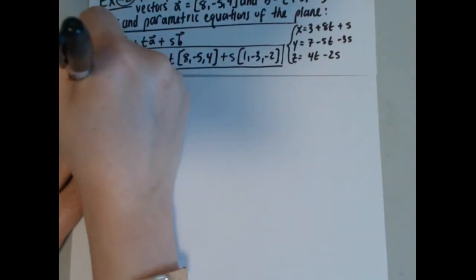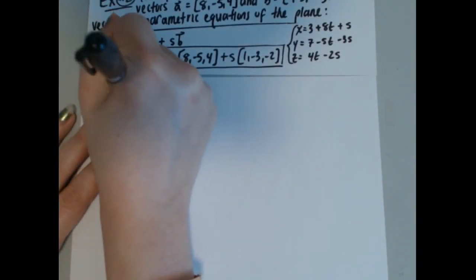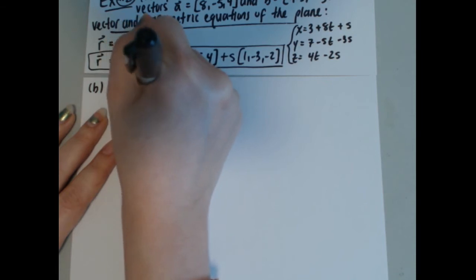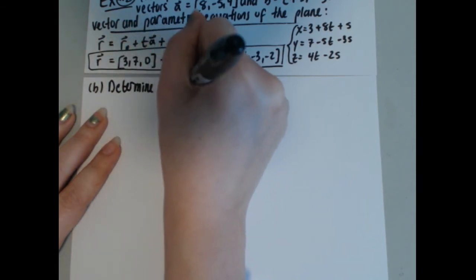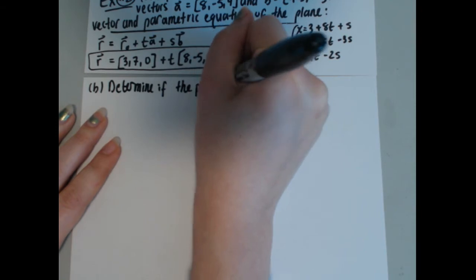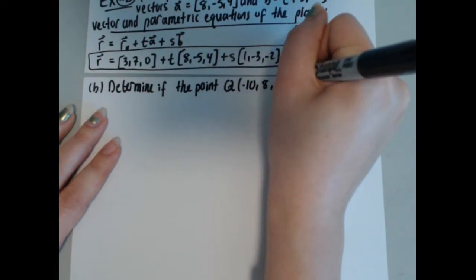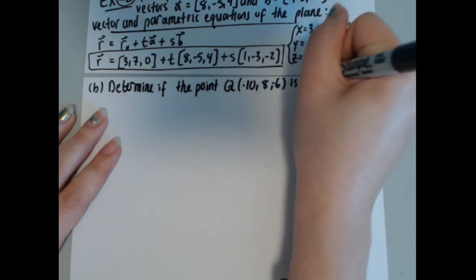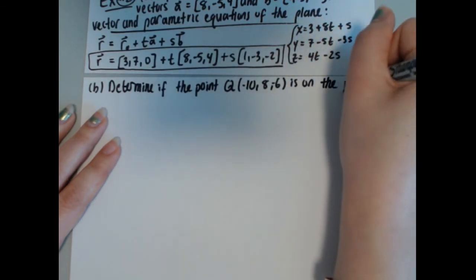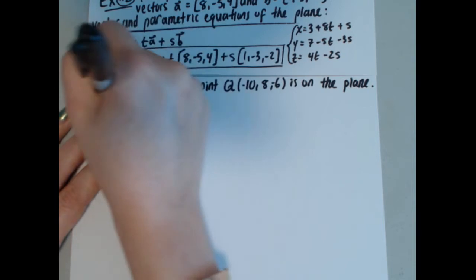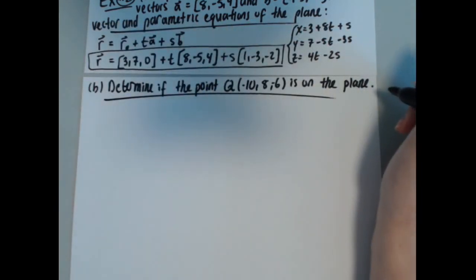Okay. So part B, determine if the point Q (-10, 8, -6) is on the plane. Okay, so let's see if this point is on the plane.